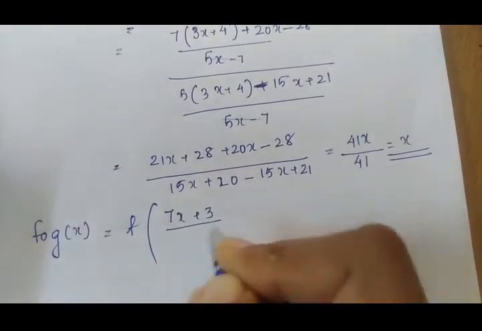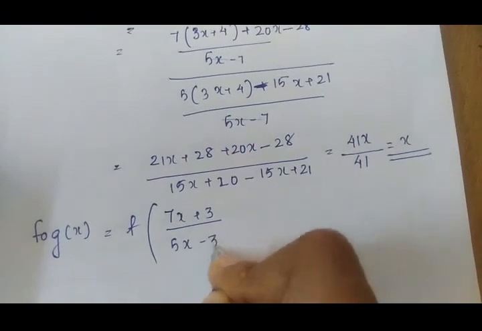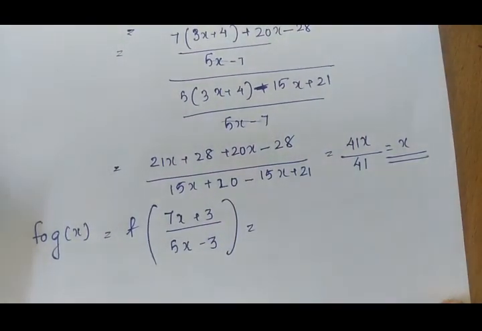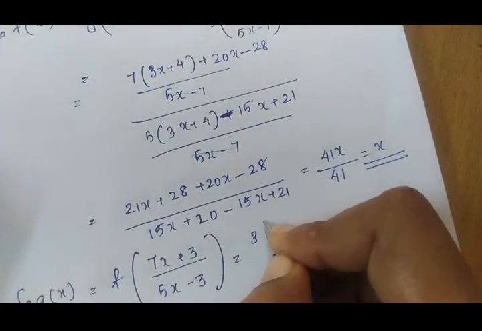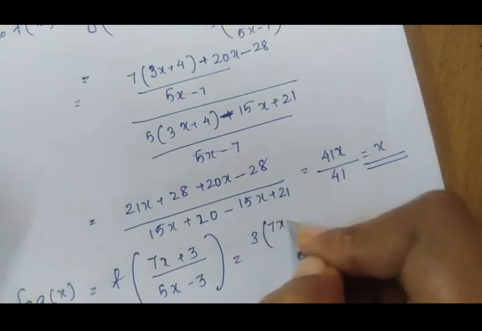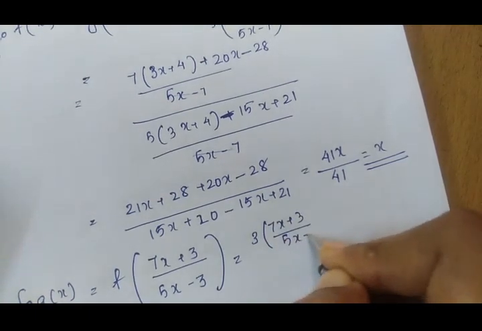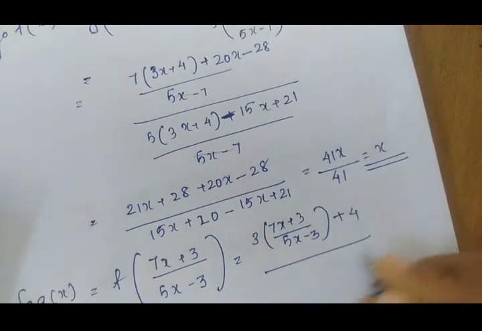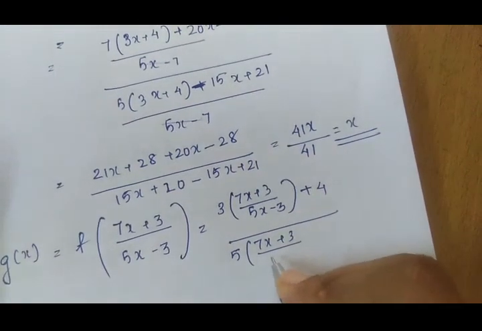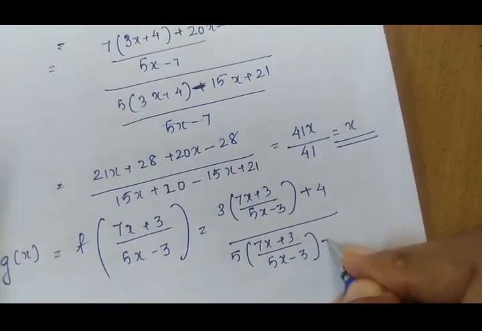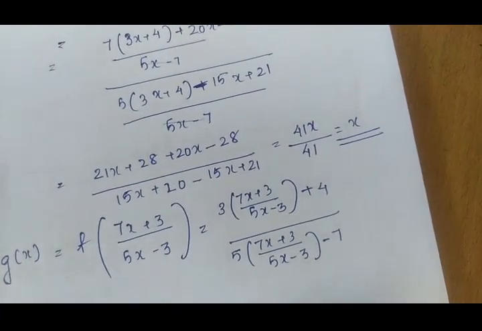Again the substitution in f, where the function f is equal to (3x plus 4) divided by (5x minus 7): 3 into (7x plus 3) divided by (5x minus 3) plus 4, divided by 5 into (7x plus 3) divided by (5x minus 3) minus 7. Here the LCM values are 5x minus 3.